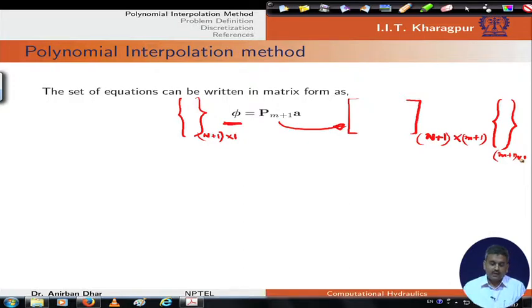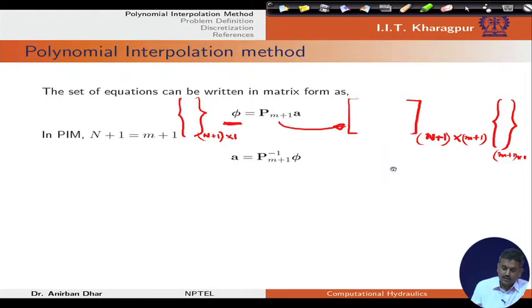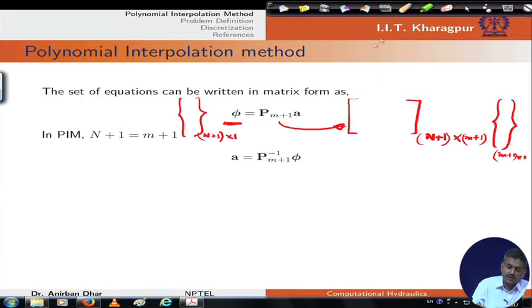So, with this we can start our calculation. For n plus 1 equals m plus 1, we can invert this matrix.